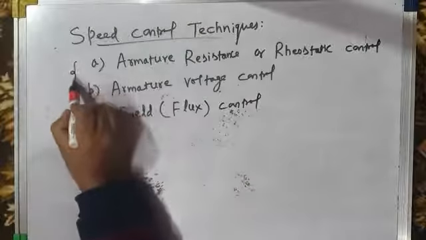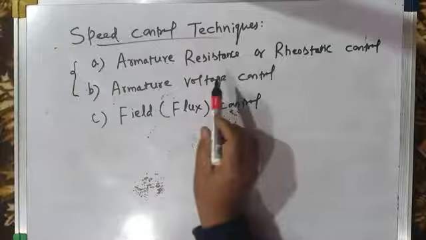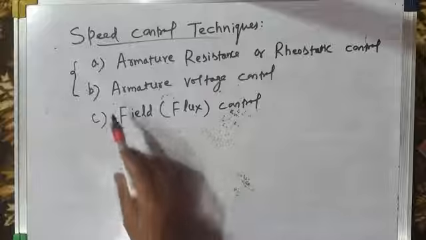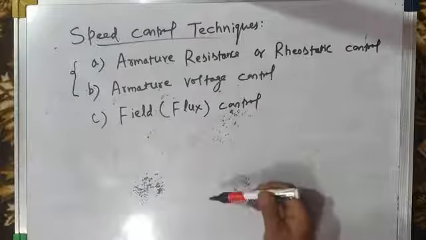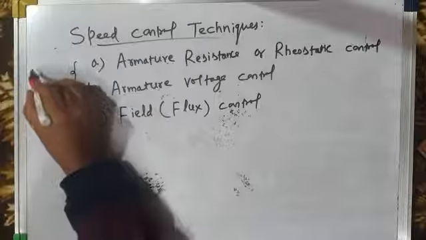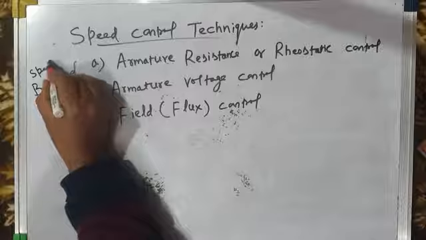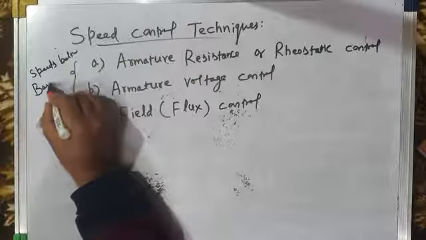As far as the first and second methods are concerned, using the armature resistance control method and the armature voltage control method, you can achieve speeds below the rated speed or below base speed. What is base speed?